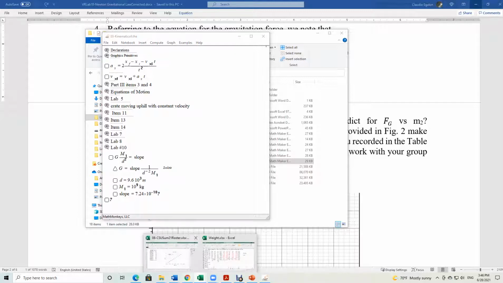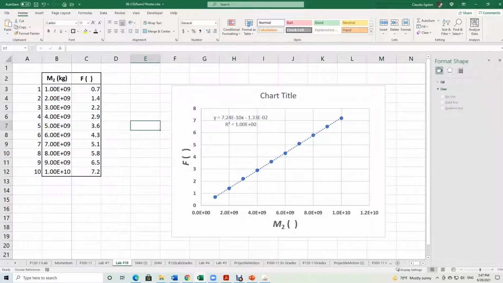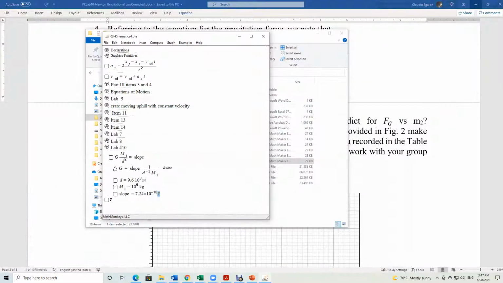Let's take a look at the graph. The units of the slope is the units of the force divided by the units of mass, rise divided by run, is Newton divided by kilogram. That's what the unit of the slope is all about. Okay? Newton divided by kilogram.